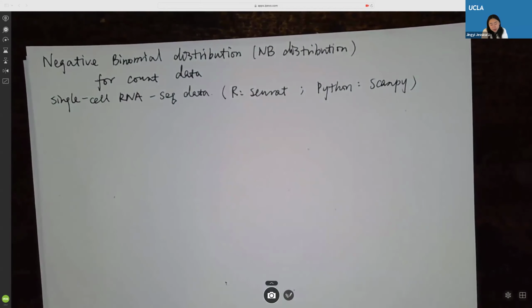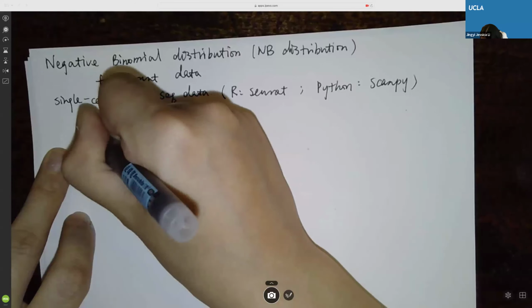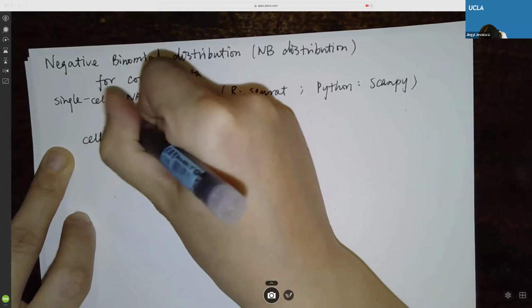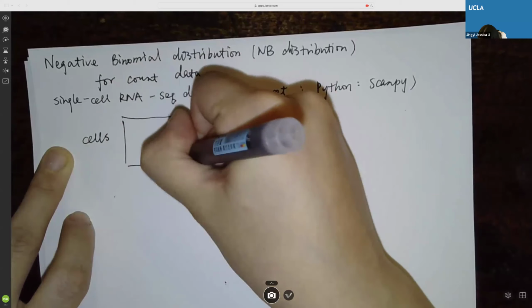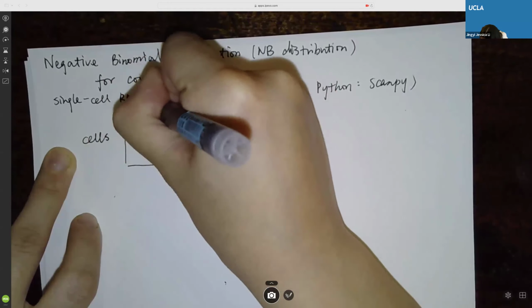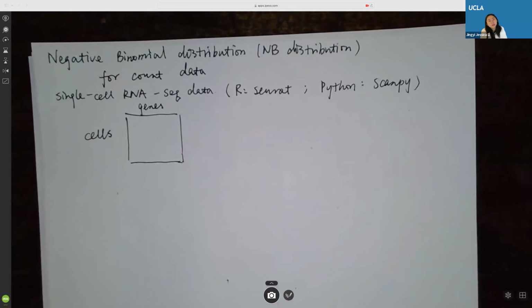And in Seurat, the data is stored as a matrix called a Seurat object. But the orientation is different from what we typically say in statistics, where we typically have the cells as our rows and genes as our columns. In Seurat, genes are in the rows and cells are columns.